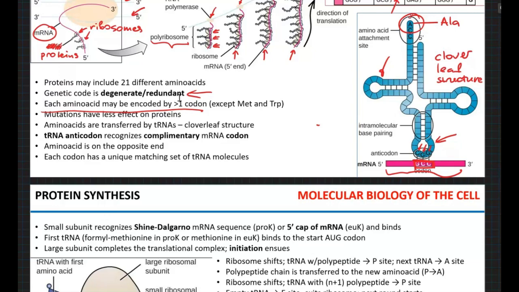Nobody wants to do anything. It's just chemistry, okay? So here's the idea. If the anticodon and the codon match, the amino acid is inserted. If they don't match, the tRNA will be kicked out of the ribosome until the proper tRNA comes in. It's a random process.